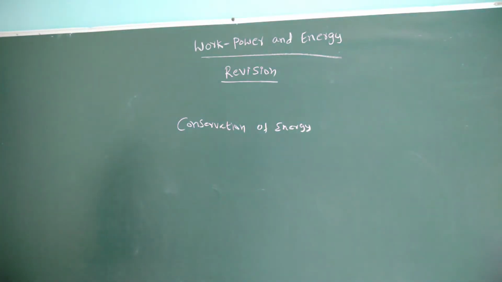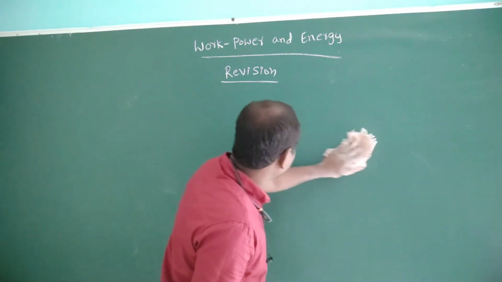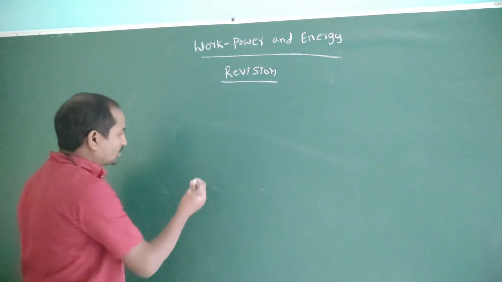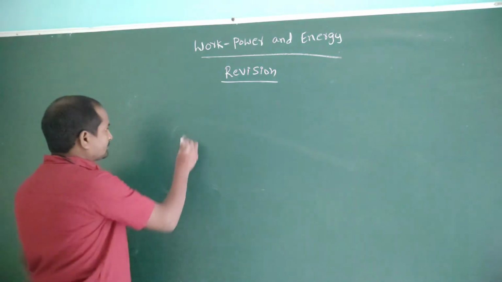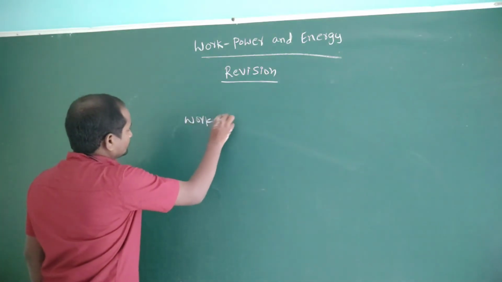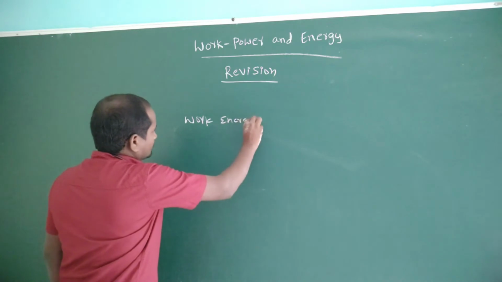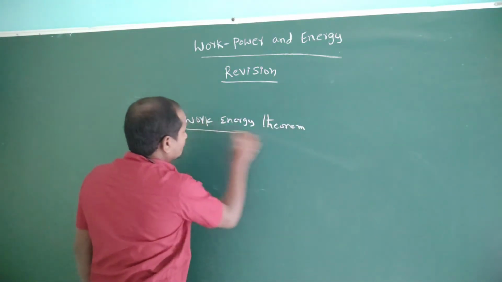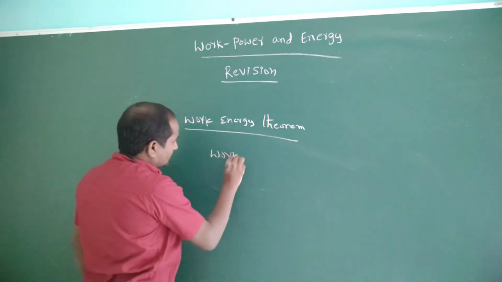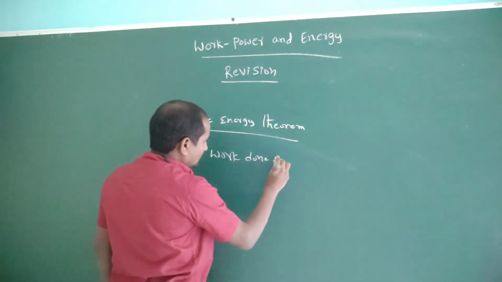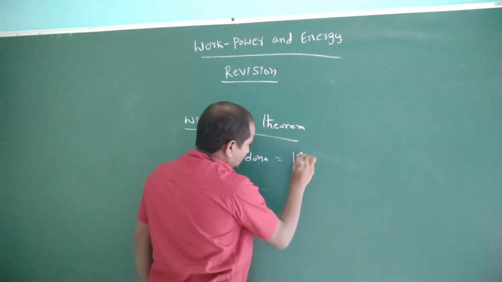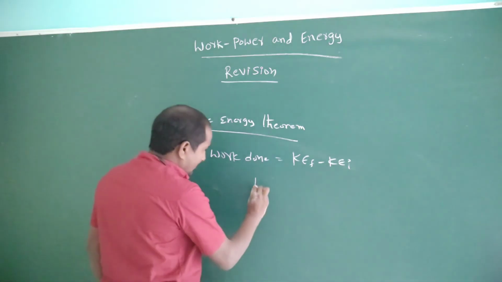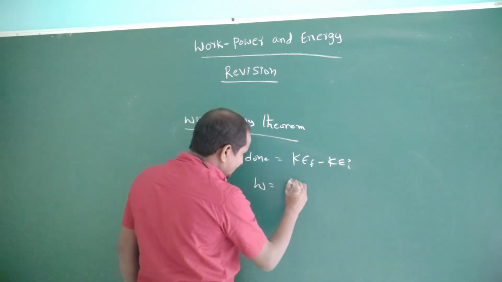Okay, now the work energy theorem. Work done equals change in kinetic energy. So work done equals Kf minus Ki, where Kf means final kinetic energy.